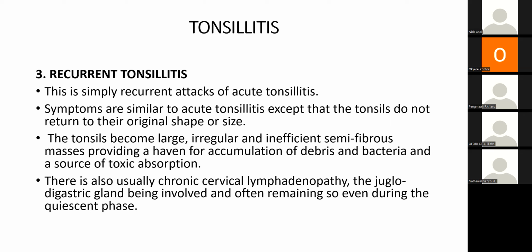And because of the recurrent nature, there could also be a chronic cervical lymphadenopathy, as well as the jugulodigastric gland being involved, and it often remains so even during the quiescent phase. It's like the whole cervical group of lymph nodes.